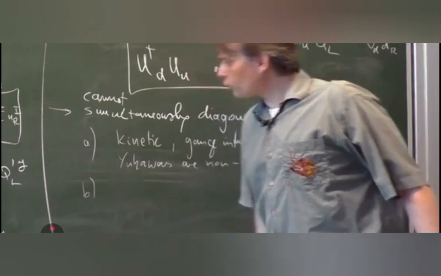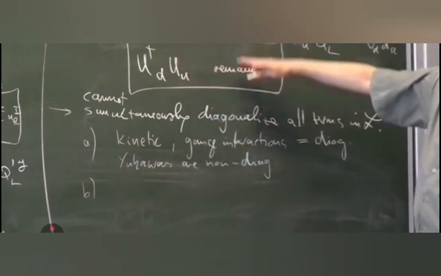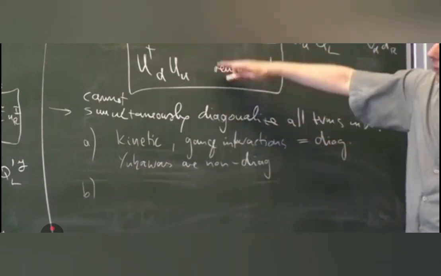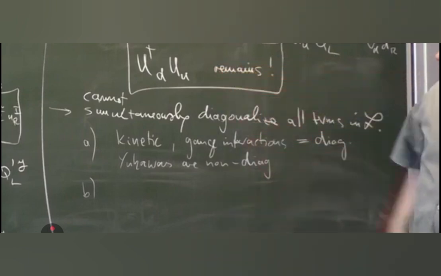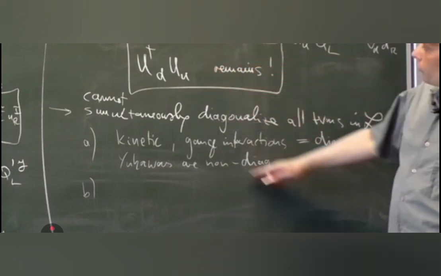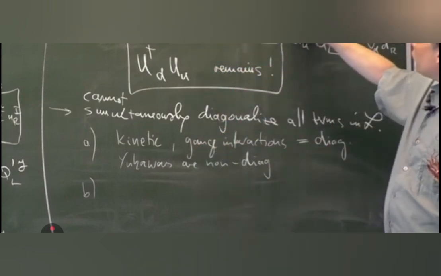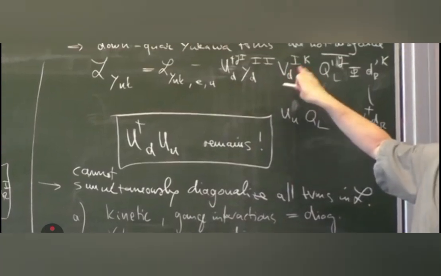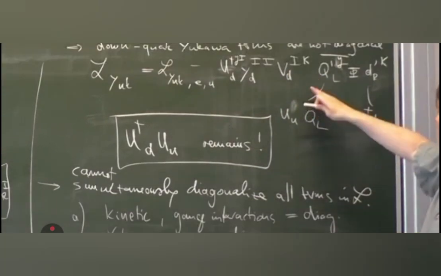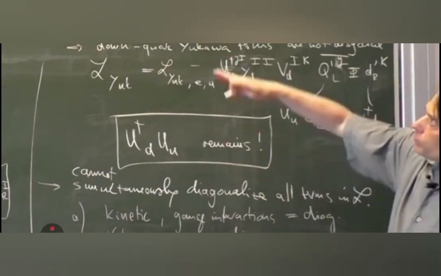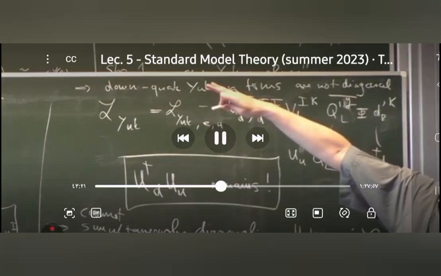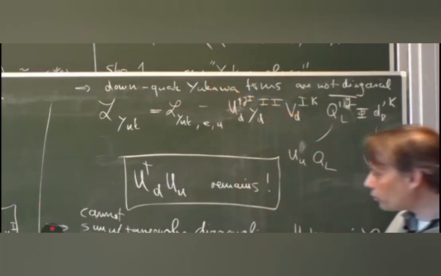And the option B is more common, but we have to work even more in order to achieve option B, which is to make the Yukawa terms diagonal. And you see that we need to work a little bit further to make this also diagonal. But then what will happen is that the kinetic terms will become non-diagonal.